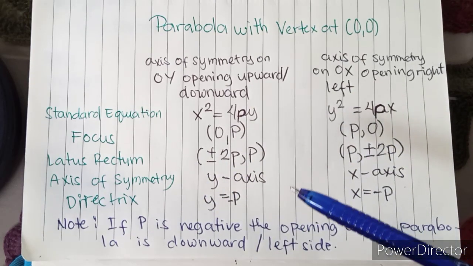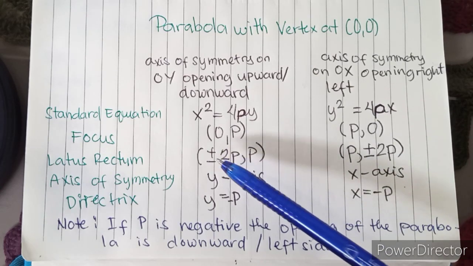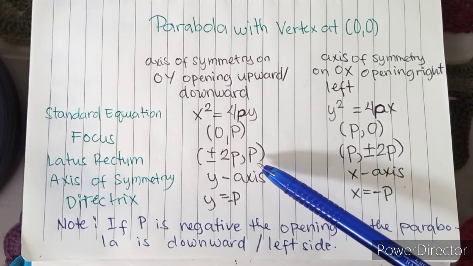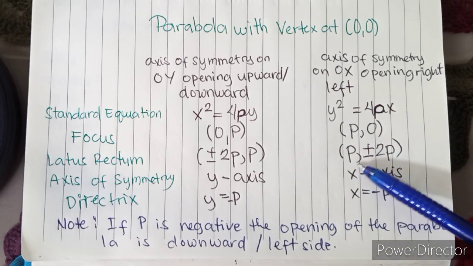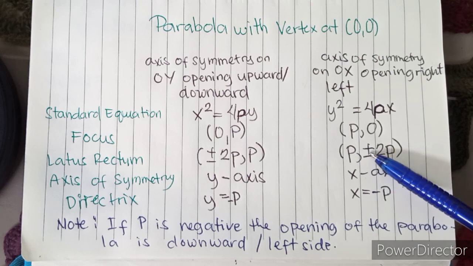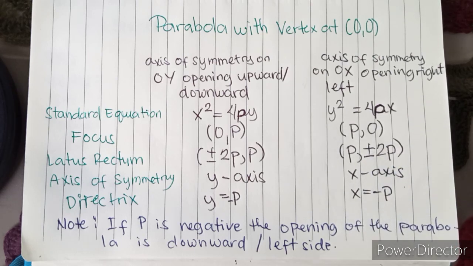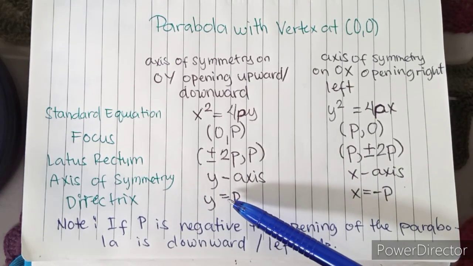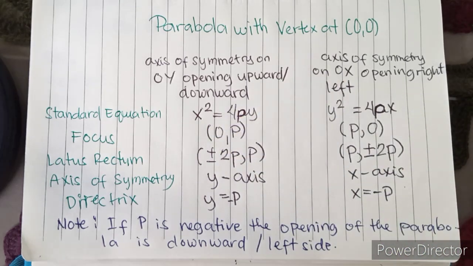So, for the latus rectum, for the vertical, we have positive, isang negative, 2p, p. Dun tayo sa horizontal. So, we have p, isang positive 2p, at saka isang negative 2p. And for the axis of symmetry, we have y-axis pag sa ating vertical.